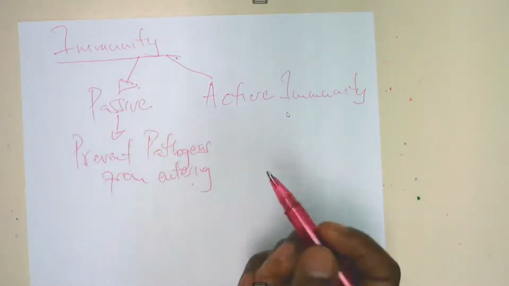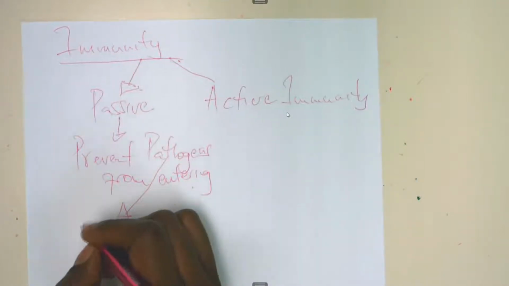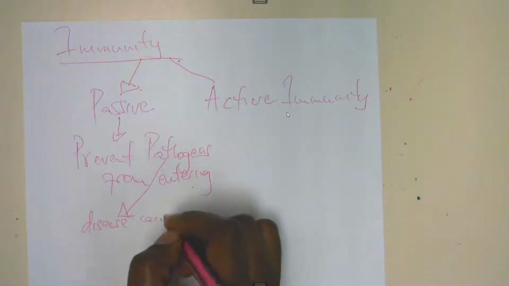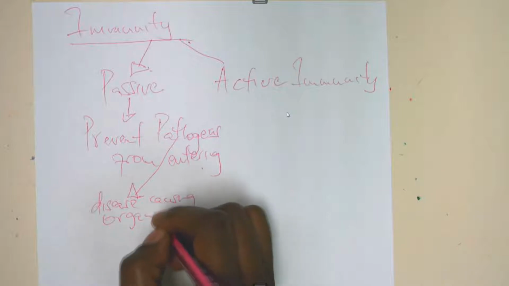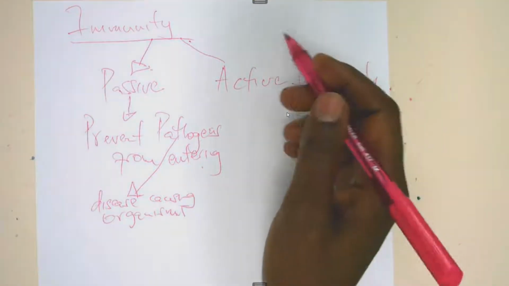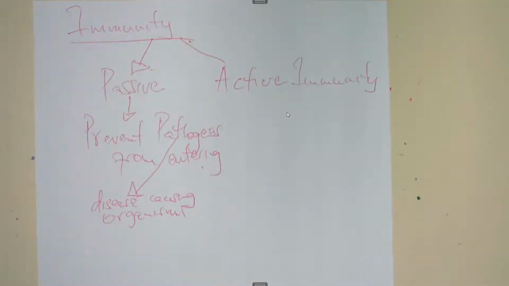You still remember that I have said that pathogens are disease-causing organisms. So passive immunity has to do with preventing pathogens, or disease-causing organisms, from entering.